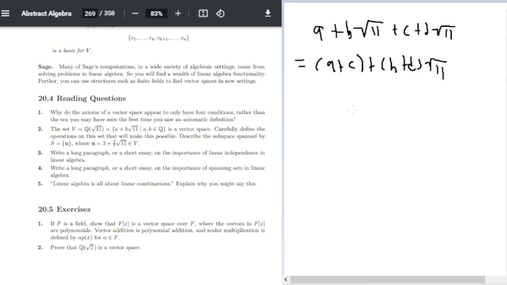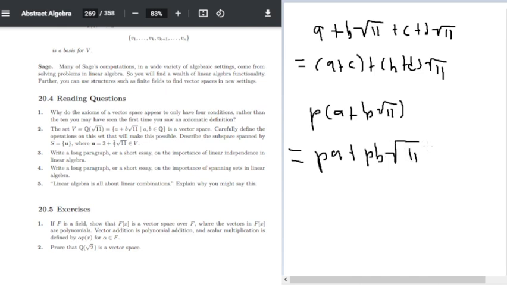This is how we'll define addition. And from the looks of it, the only reasonable way to define multiplication would be, I'll just use p for an arbitrary rational number, p times A plus B square root 11 is equal to pA plus pB square root 11.